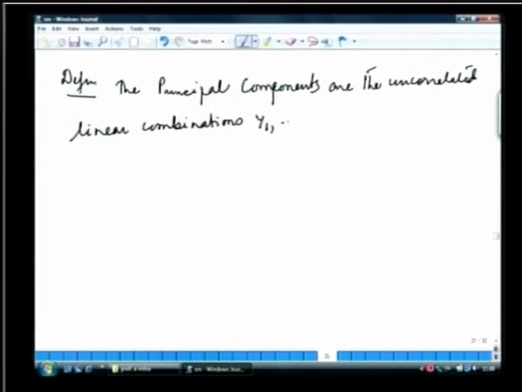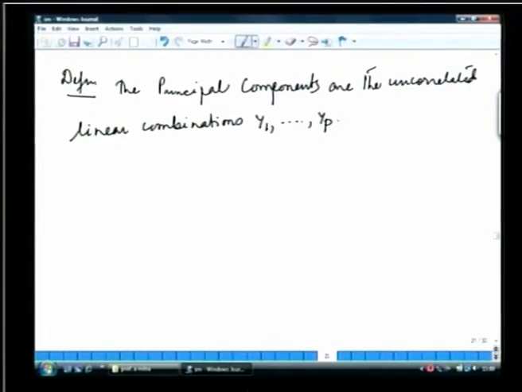y1, y2 to yp. Note that initially we talk about as many linear combinations y of x as there are x variables. So, we talk about y1, y2 to yp when we have x1, x2 to xp, but ultimately we will work with a much fewer number of y's, so y1, y2 to yk.